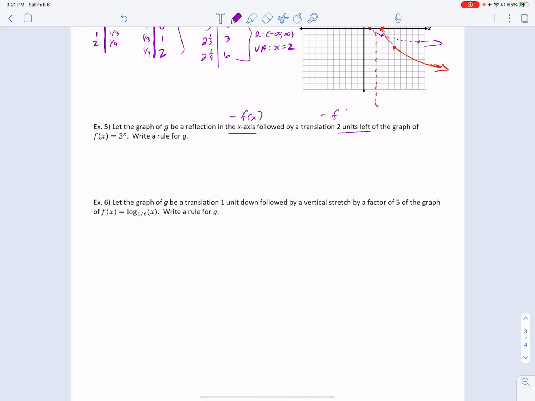So we need to go 2 units left, and so that's going to be replacing x's with x plus 2 of the graph f of x equals 3 of x. So for g of x, I have to negate it, so I have f of x is the opposite, and then where I see x, I need to replace it with x plus 2, and that is g of x.